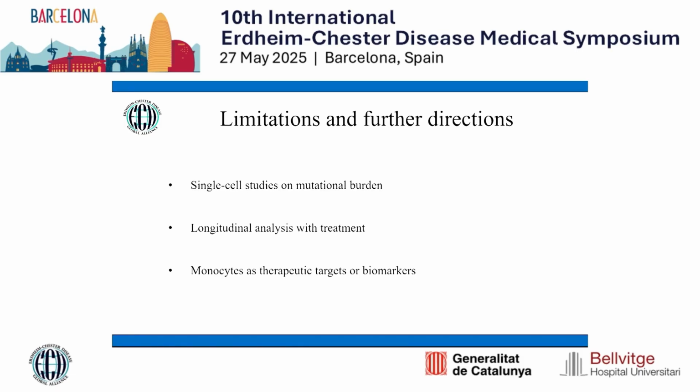For the future direction, we want to see in a single-cell study the effect of the mutational burden and all the cytokine expression in different subsets. Looking at the longitudinal analysis with treatment and seeing what kind of treatment can make a difference on the subset, and maybe the monocyte can be a therapeutic target or a biomarker for disease activity.